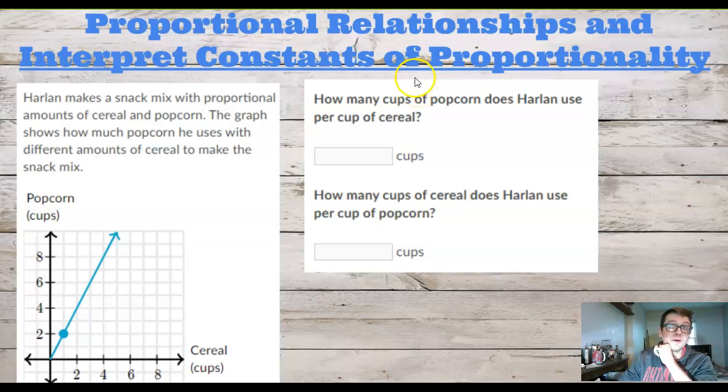So, if you go ahead and answer these questions in Khan Academy, please pay attention. Read really carefully. Adam did a really good job earlier of identifying, oh yeah, I just turn it around then. Be careful. Read which comes first, right? Like, how many cups of popcorn does he use per cup of cereal versus how many cups of cereal per cup of popcorn. The order changes. That's where that reciprocal stuff comes in.